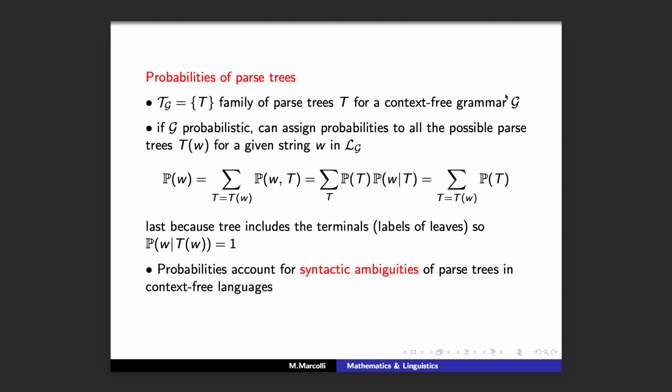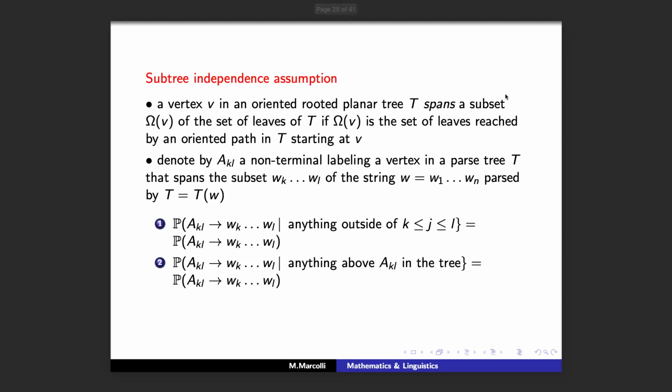It is a more structured way of assigning a probability to a string, not just Bernoulli or Markov on successive letters, but looking at all the possible generative structures for that string. In general, one does this by certain independent assumptions on subtrees in a parse tree. And basically, there are two independent assumptions that one makes.